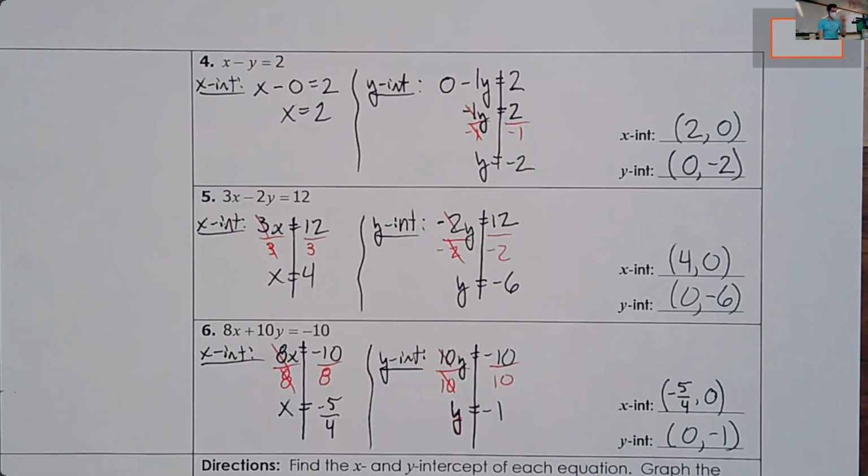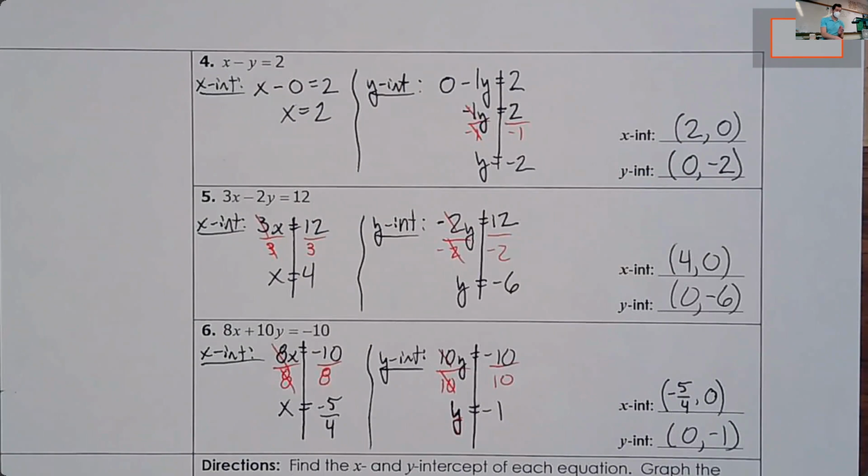So just a little bit of algebra. Any questions on those before we look at these last 4 where we have to do some graphing? All right. Now, whenever you are asked to graph using intercepts, you should expect the numbers to be whole number values.